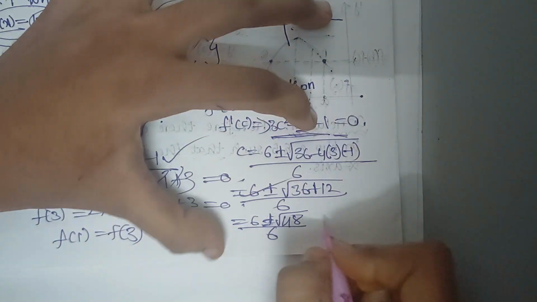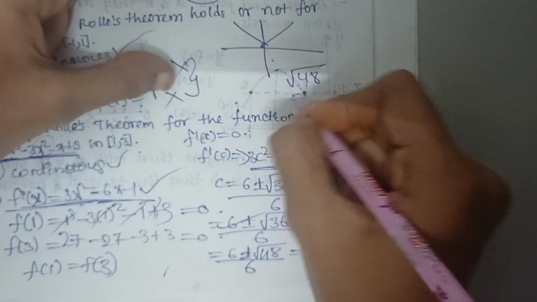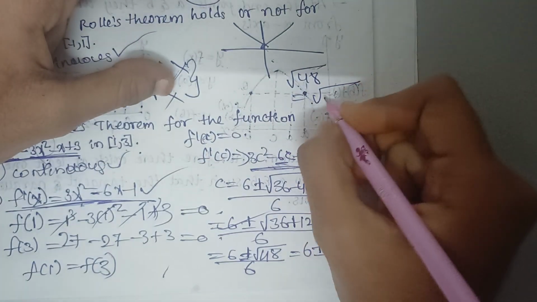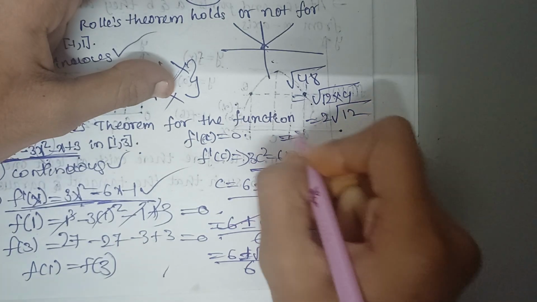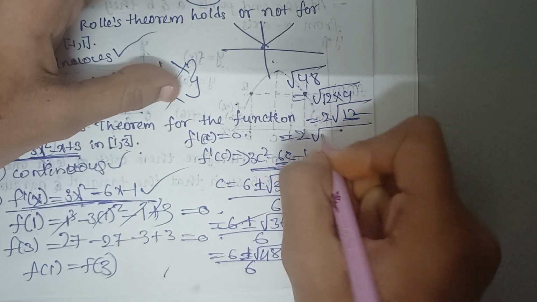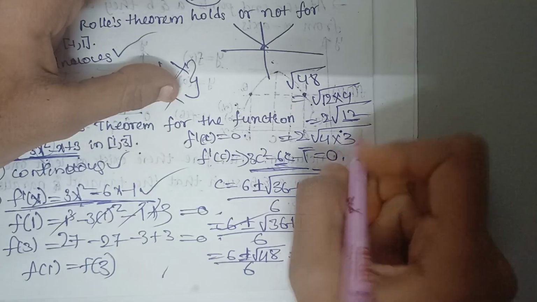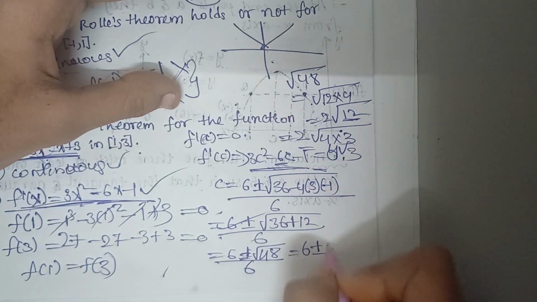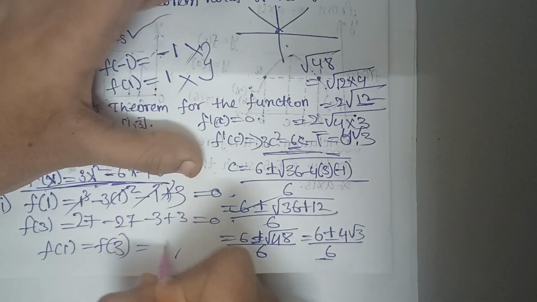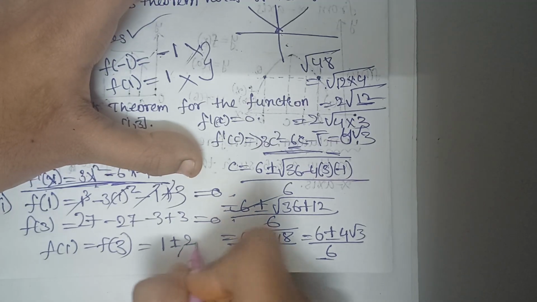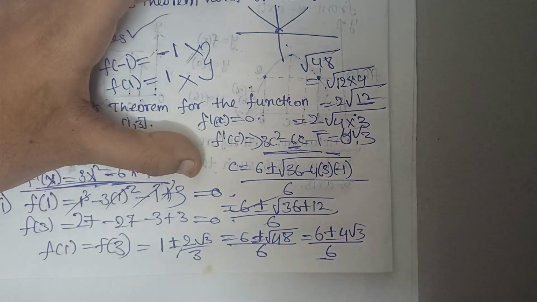Now you can write square root of 48 as root of 12 into 4, which gives you 2 into root 12. Again this can be written as 4 into 3. That means it is nothing but 4 root 3. That is 6 plus or minus 4 root 3 by 6. We can further write it as 1 plus or minus 2 root 3 by 3.